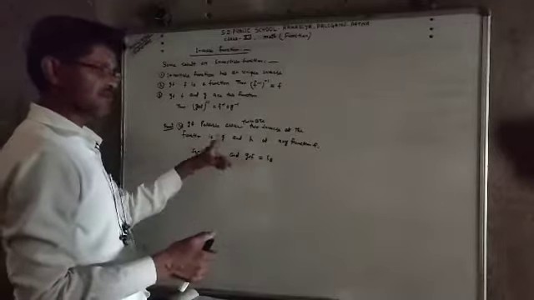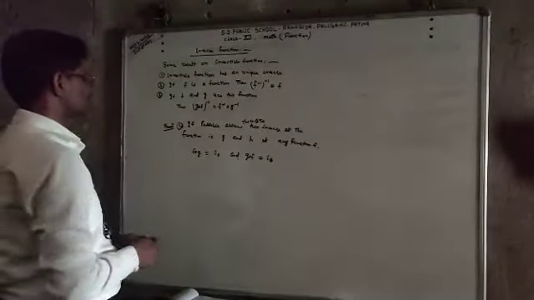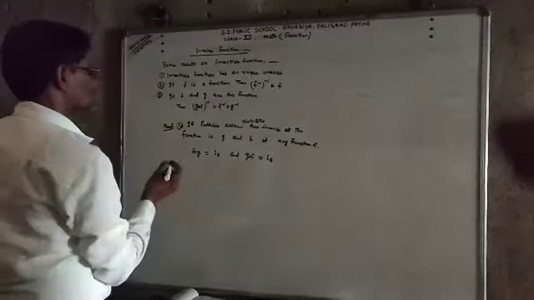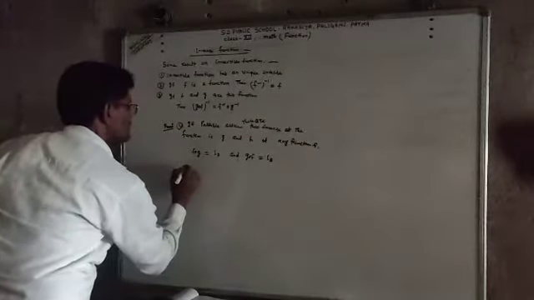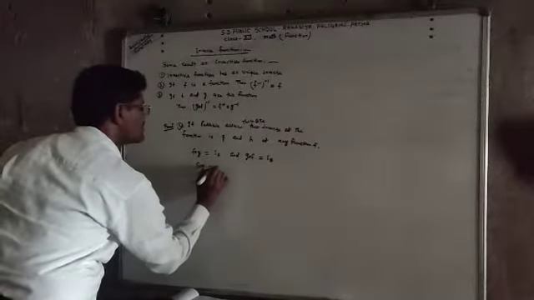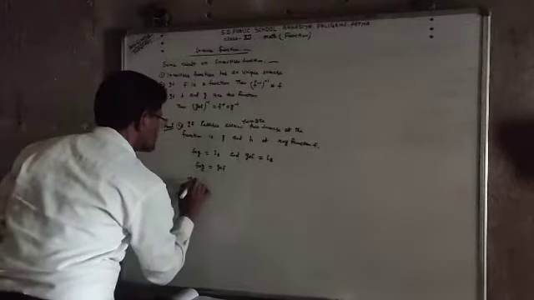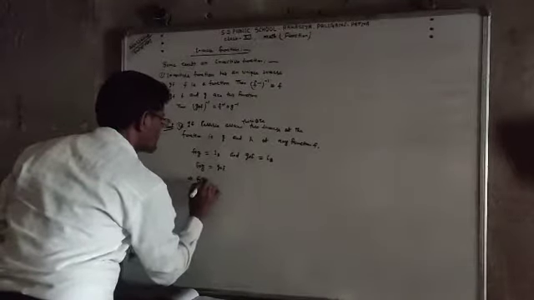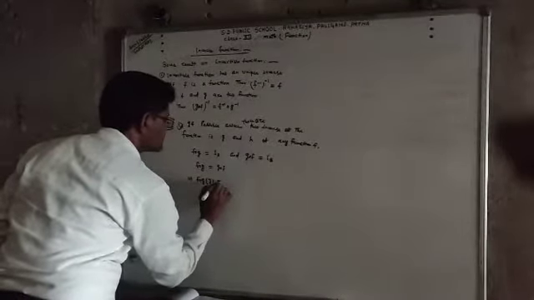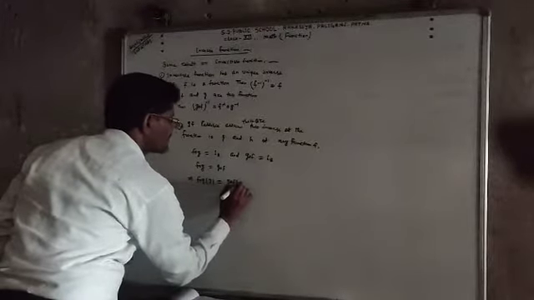We have read this from the definition of the invertible function or inverse function. Now, therefore, we can say that fog will be equal to gof, and hence fog of element y will be equal to gof of element y.